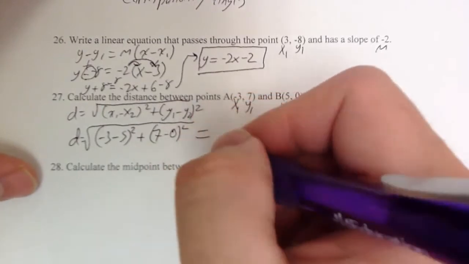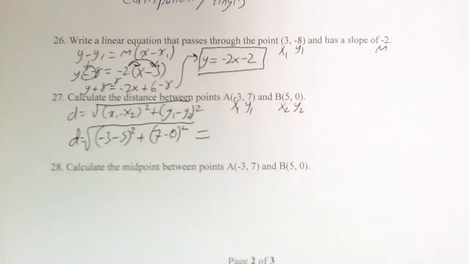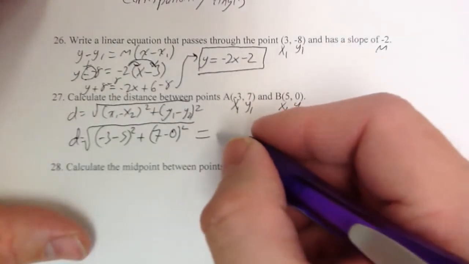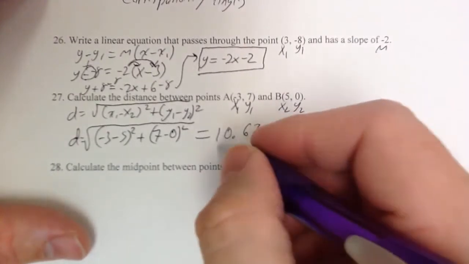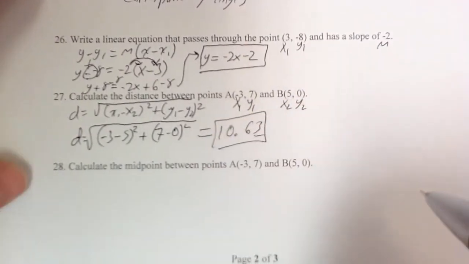Okay, and then as far as I care, you can just type that right into a graphing calculator and get your answer pretty quick. So for me, I get 10.63. I'm going to round it to the nearest hundredth spot, so that will be my answer.